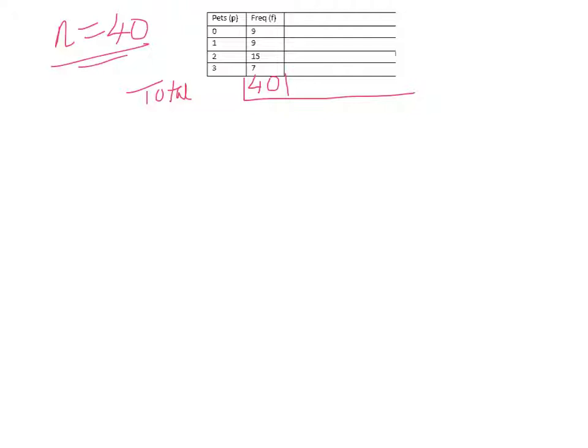Now we're just going to look at finding the usual things that we find from a group of data. So we'll look at the range of data. And remember, the range tells us about the spread of data, and it's the largest number take away the smallest number. And that's 3 take away 0, which gives us a range of 3.